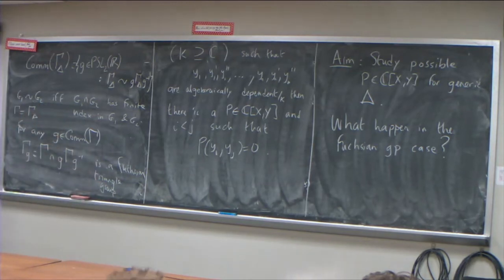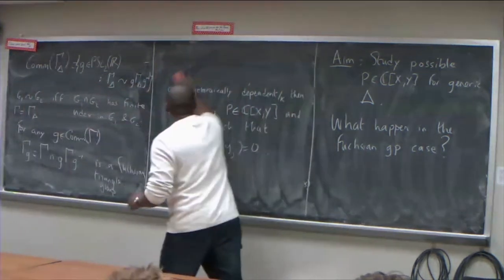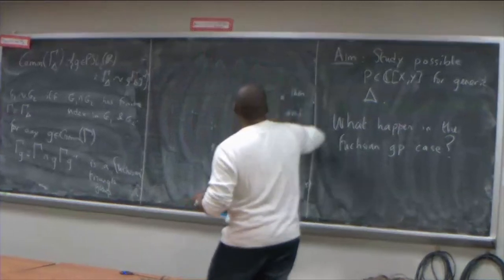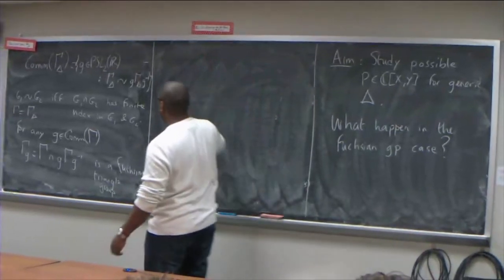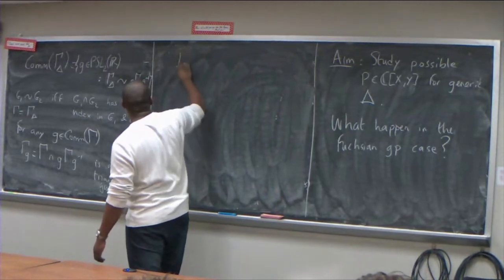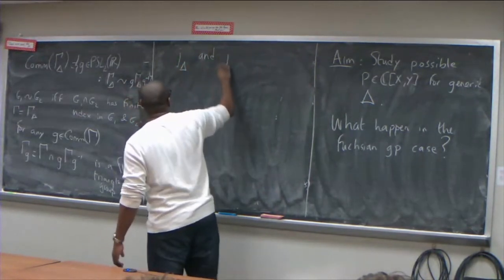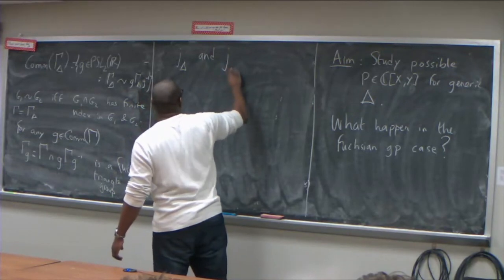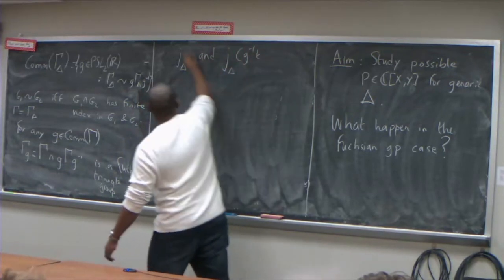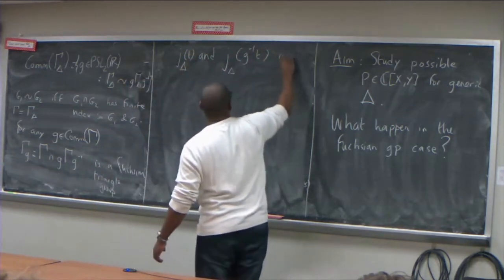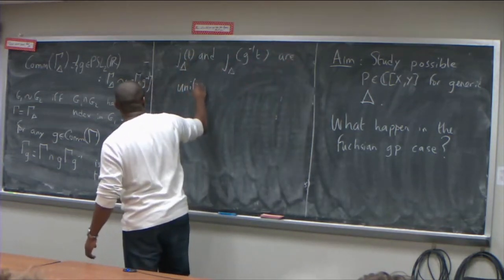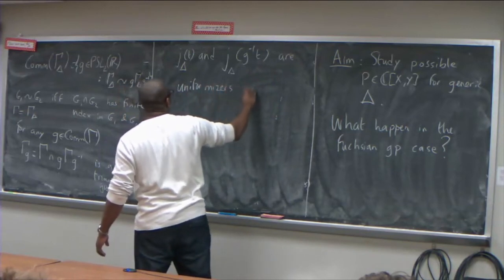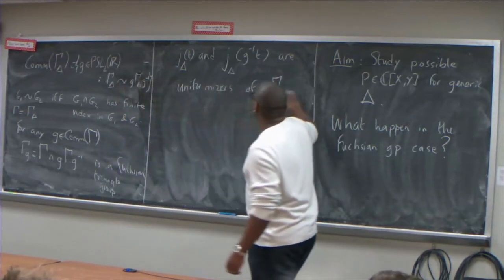So what this finite index property gives you is that it preserves the property of being a Fuchsian triangle group. And it's not hard to check that J triangle and J triangle where we translate by G inverse are uniformizers of this group.